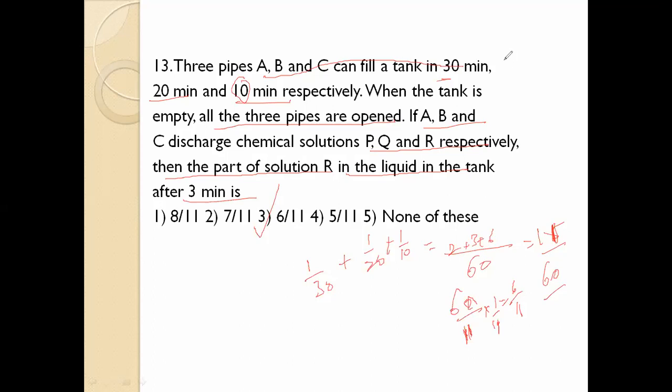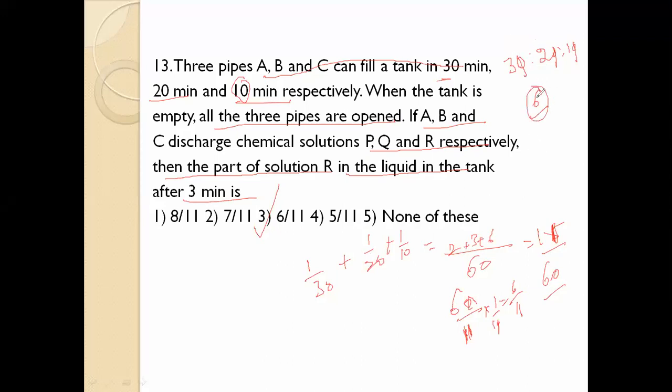Otherwise, you can calculate in this manner also. 30, 20, 10. 3 plus 2, 5, 5 plus 1, 6. Here we get how much value? Here actually 1 by 30.